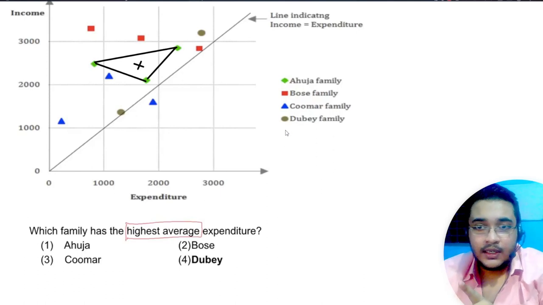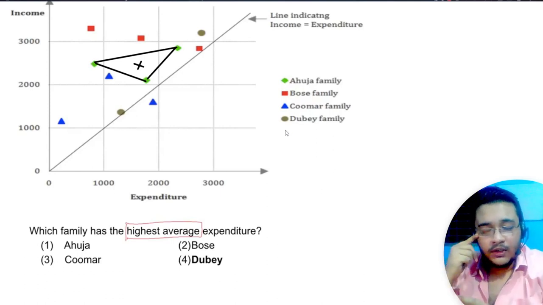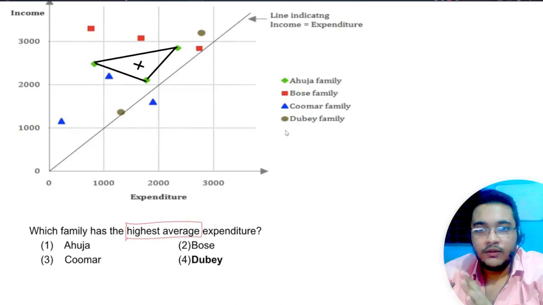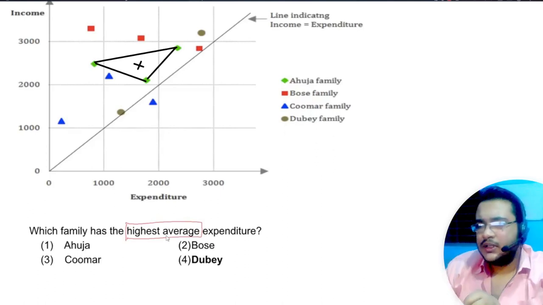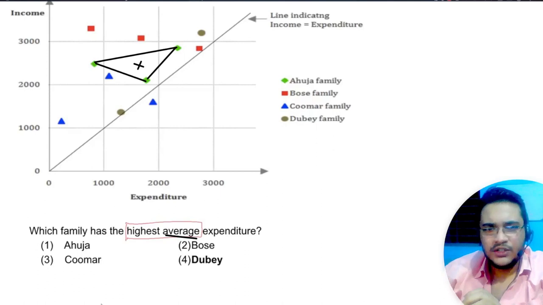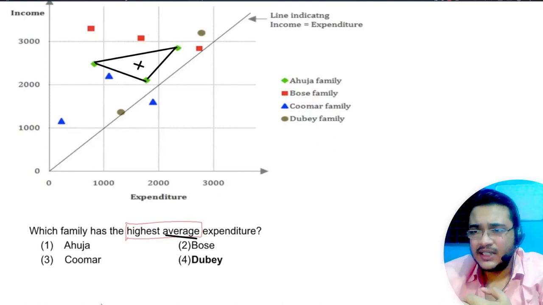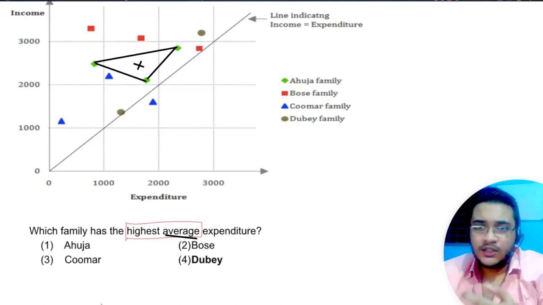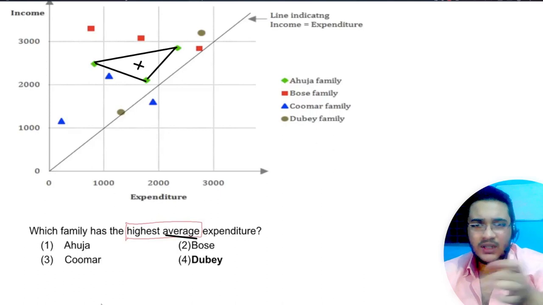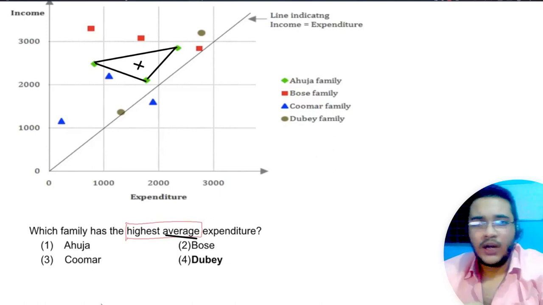Please understand, when we locate the centroid, we are actually talking about the average. Otherwise you would have to guess the numbers, add the numbers, then divide by 3, and do all that. Right now you don't have to do any of that.